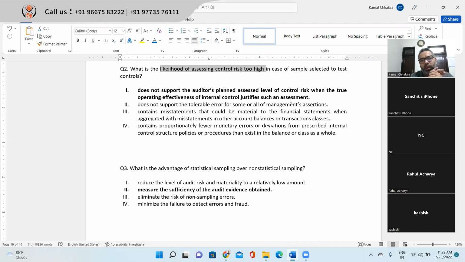So when we don't rely on controls? Yes, when you are not planning to rely on control. So like when there are exceptions or deficiencies noted while you are testing. When there are exceptions in your sample testing.